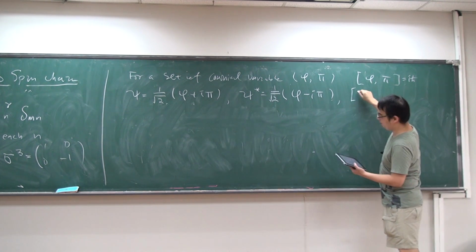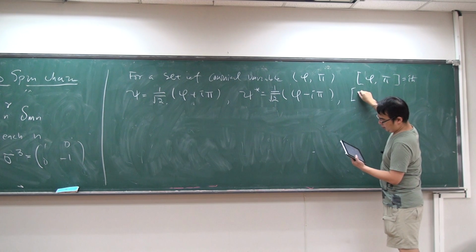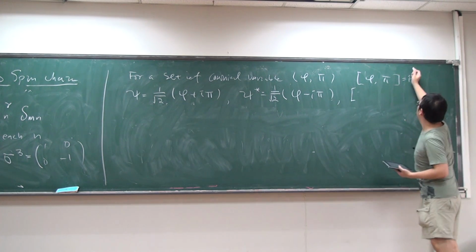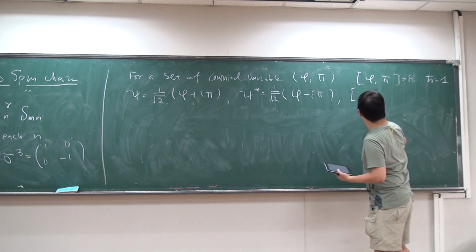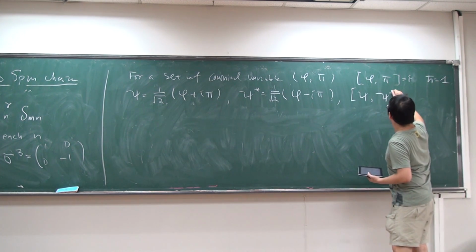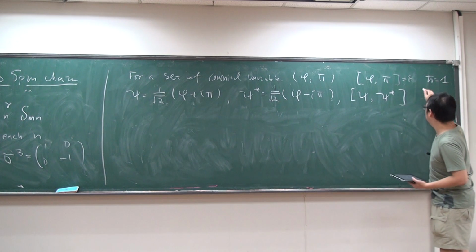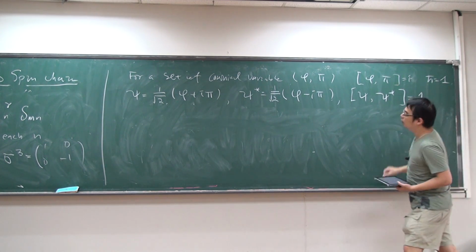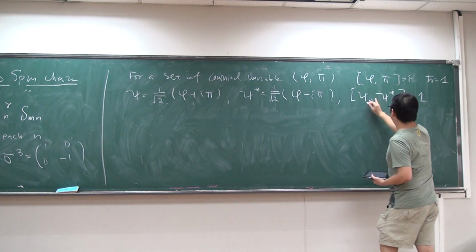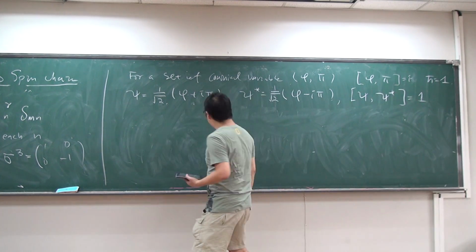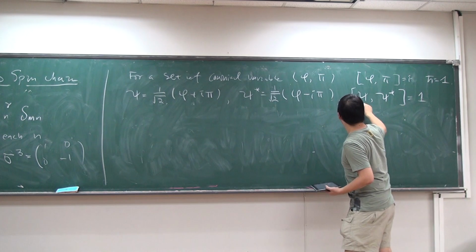Occasionally I will set h bar equal to 1, unless otherwise stated. When we define those, then psi and psi star obey the following commutation relation.